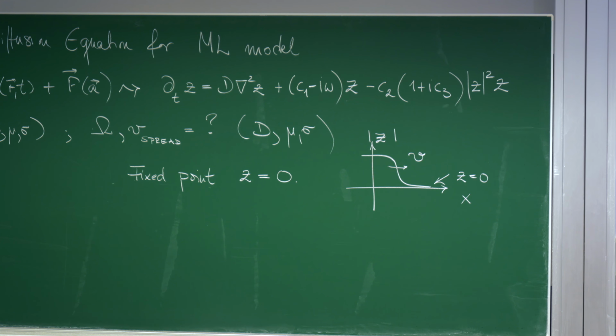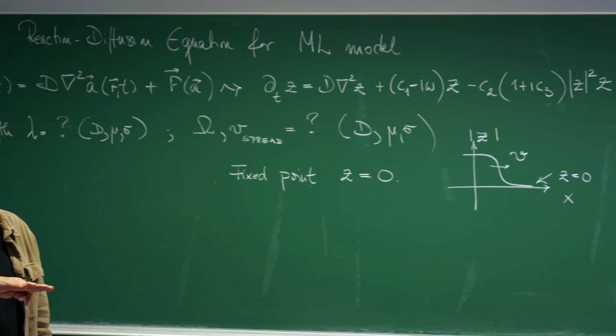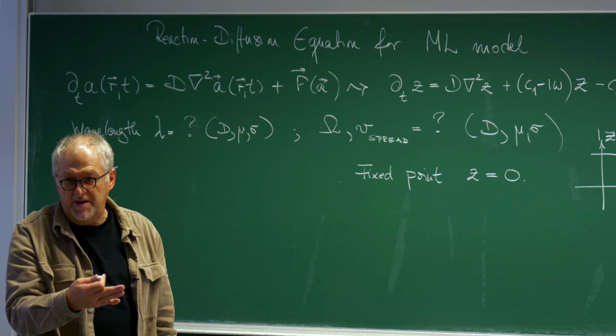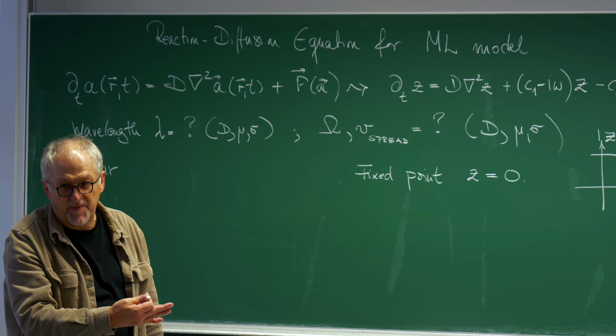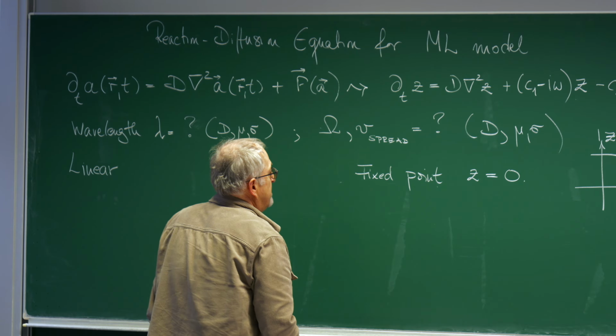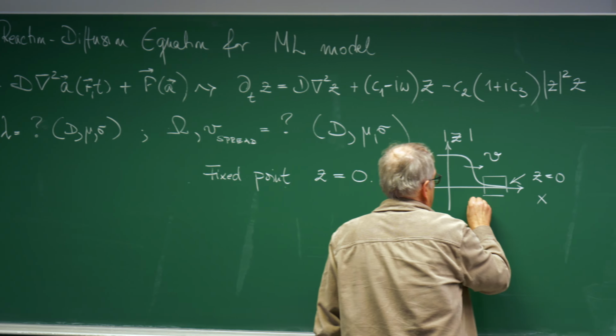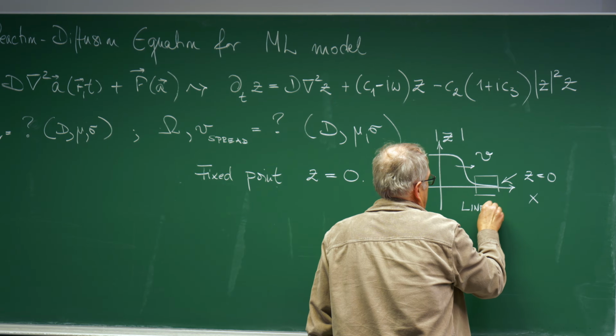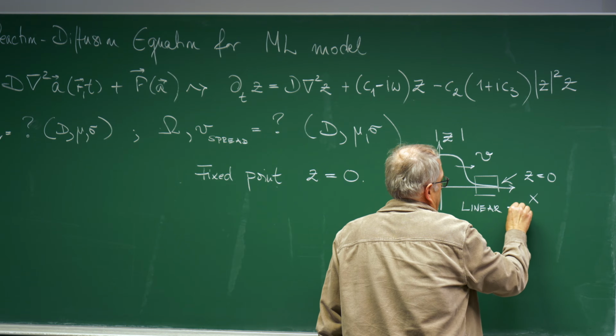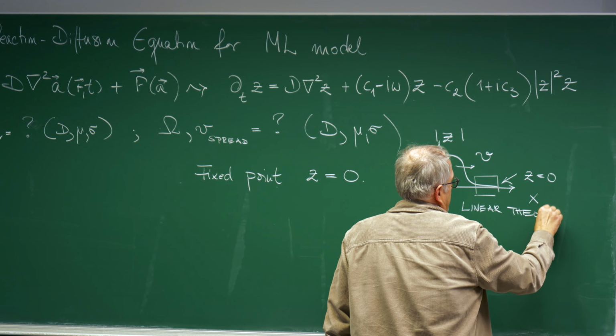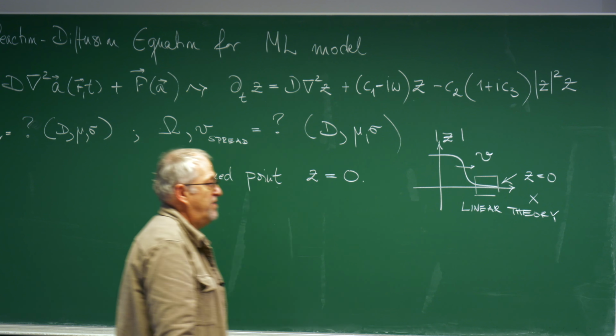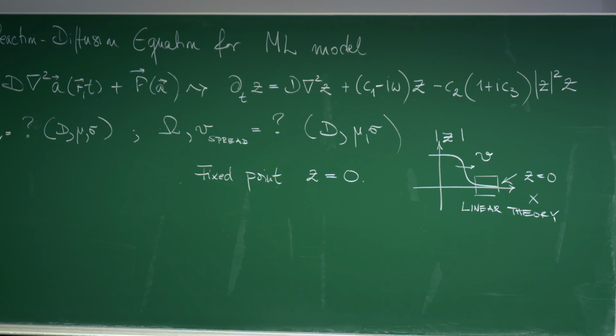Now, because you have this spreading into a regime of 0 value, you can use the linear theory to do the calculation. Right? That's the point. So here, in this regime, we can focus on the linear theory to get an idea of how fast this front is spreading.